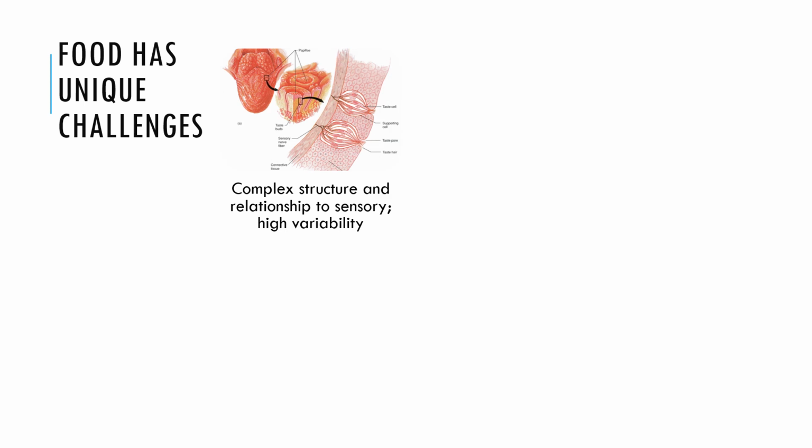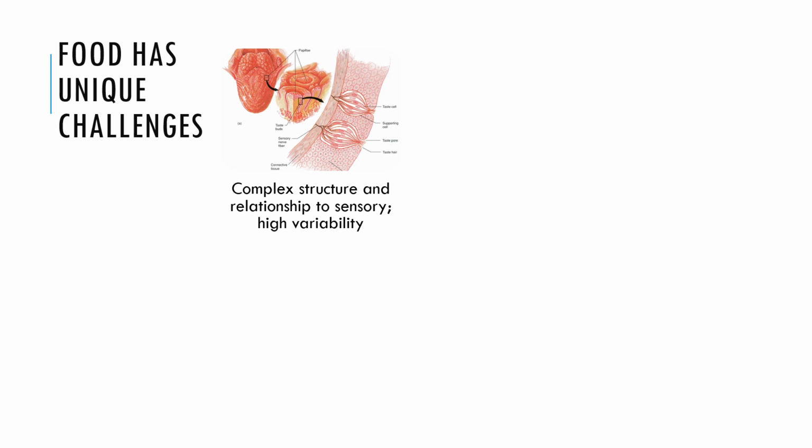General principles in modeling number 6. Modeling food processes has unique challenges that need careful attention throughout the modeling process. Food is structurally complex and it has a very complex relationship between the typical properties that we can predict in modeling and the all-important sensory qualities.